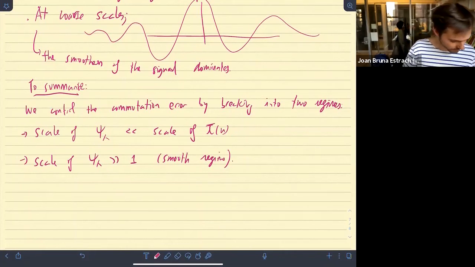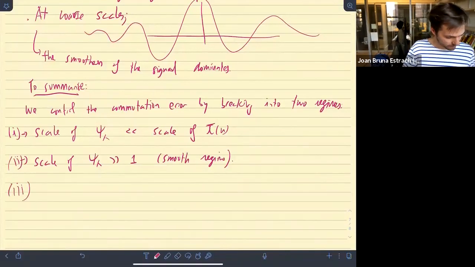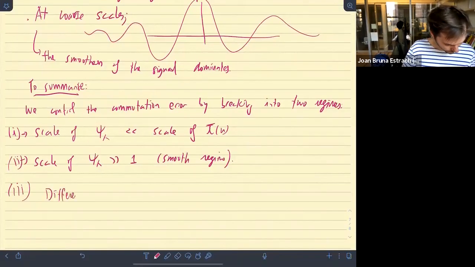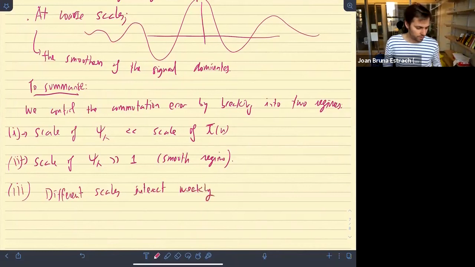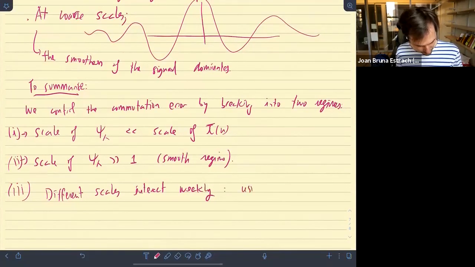And then there's a last ingredient: different scales interact weakly. And for those of you who are familiar, the sense in which this interaction is taken weakly is in the sense of what's called the Cotlar-Stein lemma.